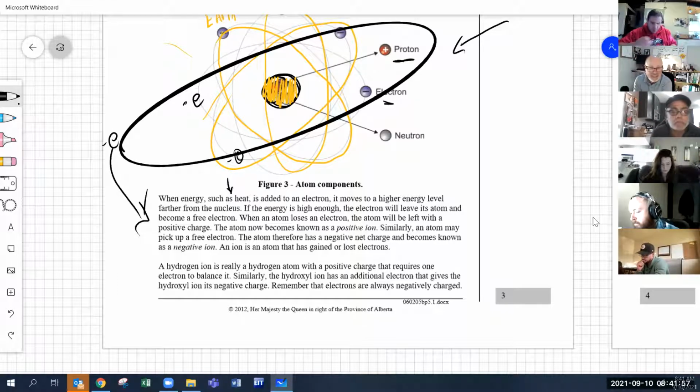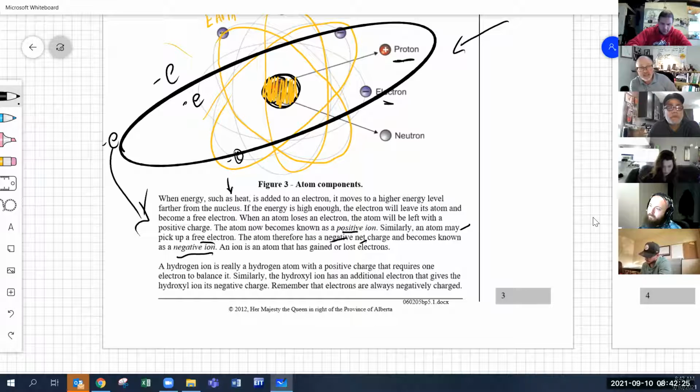And then the atom now becomes positive, right? And it will pick up little extra electrons as it's going through its thing. But as it's heated more, it will lose these negative electrons, and any atom may now pick up that free electron. And now if an atom is negative net, meaning it has more electrons on it, it becomes a negative ion.